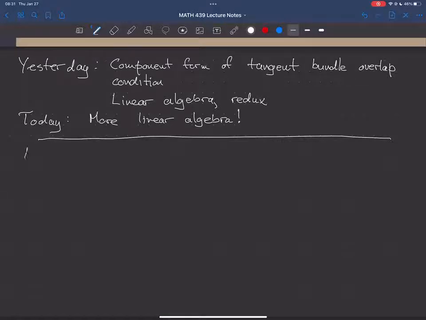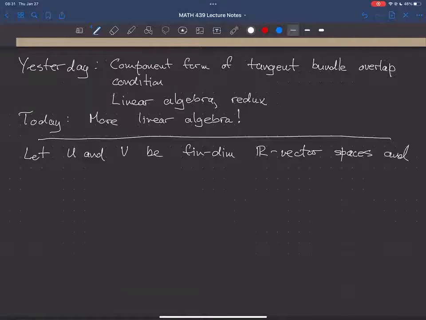We have real vector spaces, finite dimensional. So things are very simple. And they have bases.